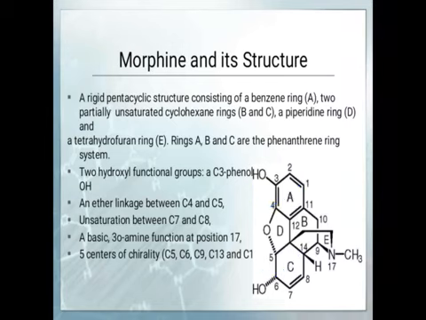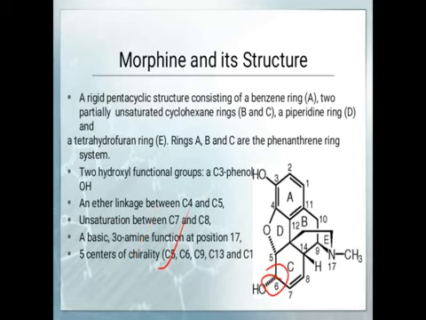morphine. In morphine, there are 5 chiral centers present. First one, C5. This is a chiral center. You can observe one, two, three, and the fourth one is hydrogen. So it is attached with 4 different groups, so it is a chiral center.